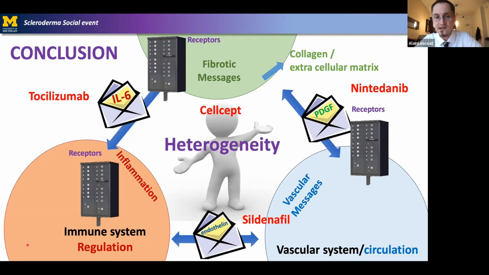But what we think is genetic is what defines the type of receptor that you have. If something triggers some messages, and in your genetic background you don't have the receptor for these messages, then you won't have any problem. But on the contrary, if in your genetic background you have these receptors and you have the same trigger, then maybe you will have the disease. You know what I mean?